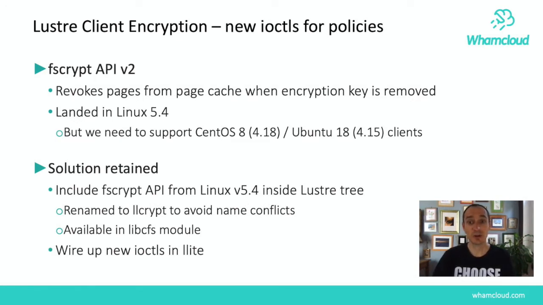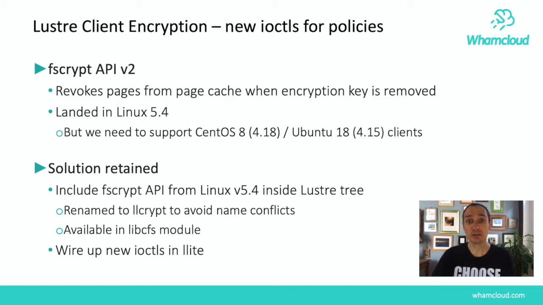Now let's talk about how to decide on which directories to encrypt. Lustre needs to support new I/O controls provided by FSCrypt. Version 2 of the FSCrypt API gives the ability to revoke pages from the page cache when the encryption key is removed. The thing is, this version of the FSCrypt API landed in Linux 5.4, but on the Lustre client side, we need to support CentOS 8 and Ubuntu 18.